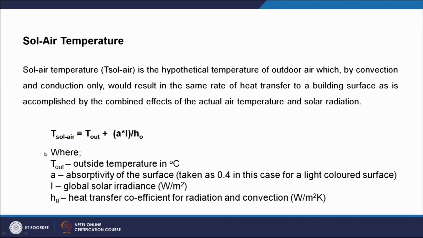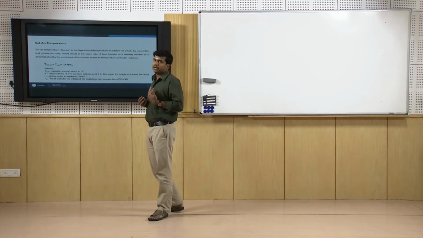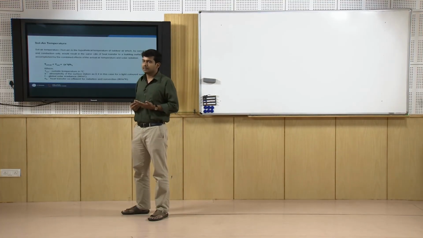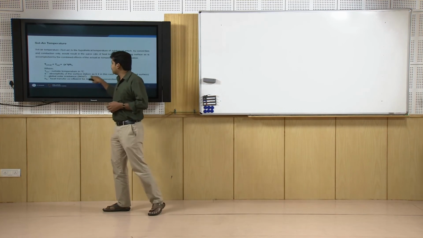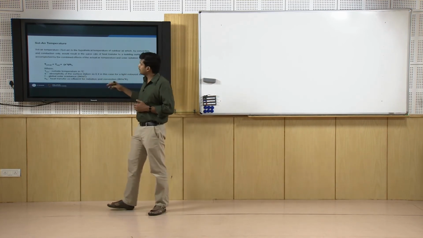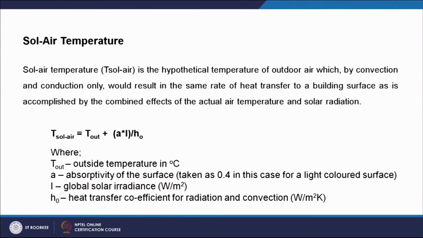Sol-air temperature actually includes the effect of air temperature and adds a small component to it, which is inclusive of the main thing, global solar irradiance in watts per meter square, and absorptivity of a particular surface. So imagine the same southern facade which I was talking about, if it were to be bright colored, say a white surface versus a black surface, the absorptivity of the surface considerably varies. So in that case this particular factor will vary.